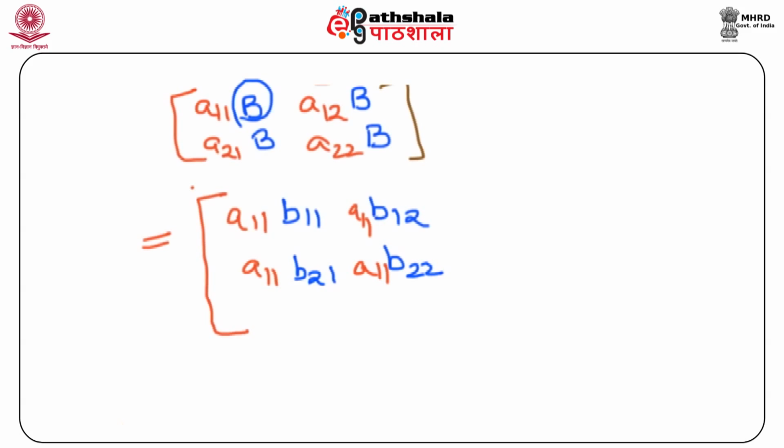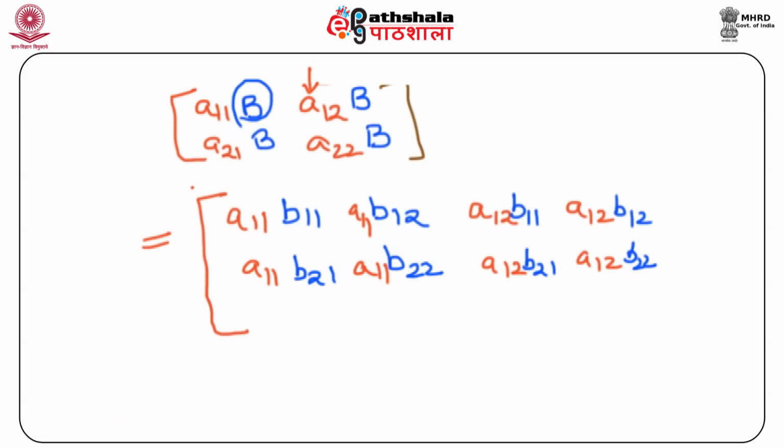Further, we take the next term, which is A12 into matrix B, and how that will be expanded: it is A12, let us write it this way, and for the B matrix, this will be multiplied by B11, B12, B21 and B22.